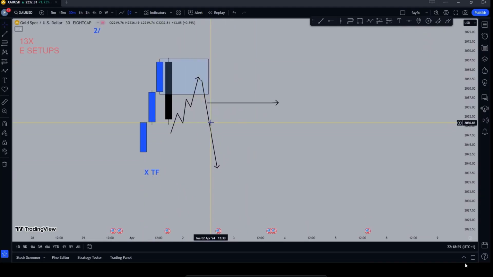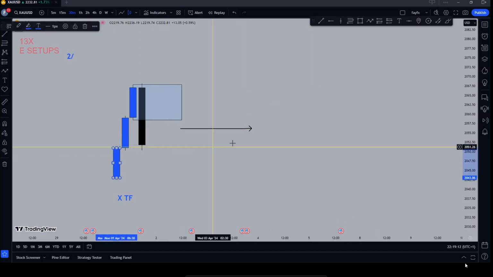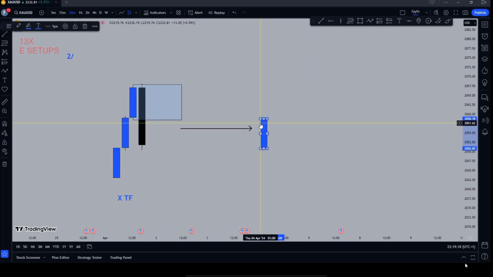We have an engulfing in X time frame, higher time frames. And when we go one time frame lower, we are going to find something like this. Wait a moment.